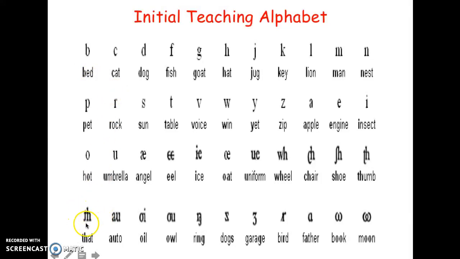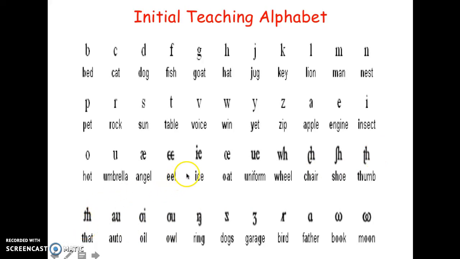Down at the bottom we have things like our digraphs, like SH makes the sound sh, and that's represented in our language by two letters. Things like here we have thumb and that. So the two digraphs that we represent with the TH.